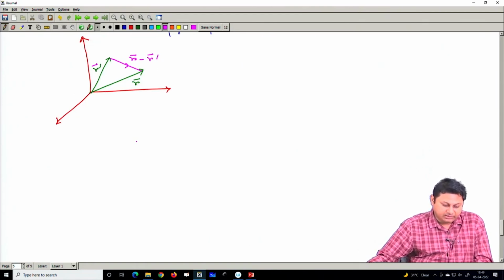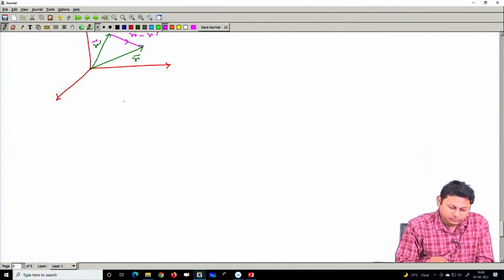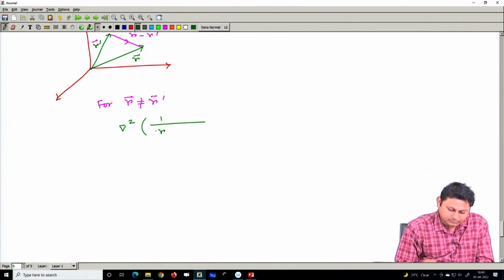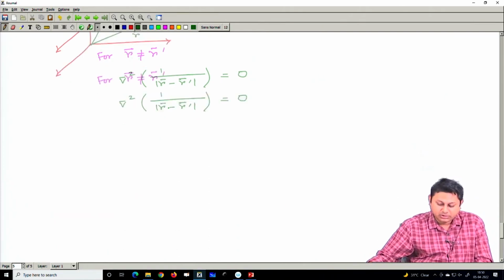Now, you can see that for r not equal to r prime, first we will do this case. If I calculate this quantity, it simply comes out to be 0 under this condition. How? Let us check.